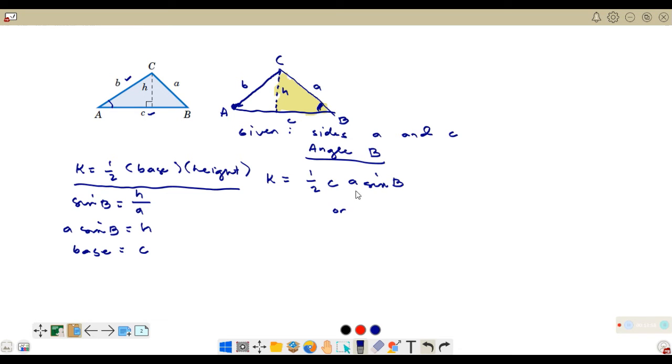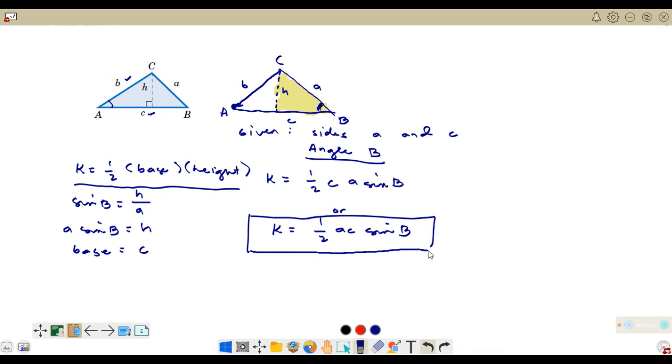Or, i-arrange natin siya alphabetically. We have K is equal to 1/2. Una muna si A bago si C. AC sin B. So, this is the second formula if the given sides are A and C and the included angle is B. So, sundan nyo lang din ulit yung pattern.